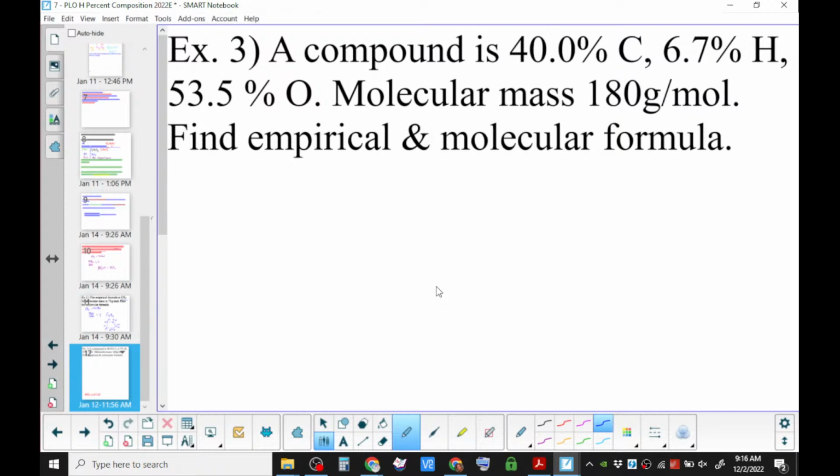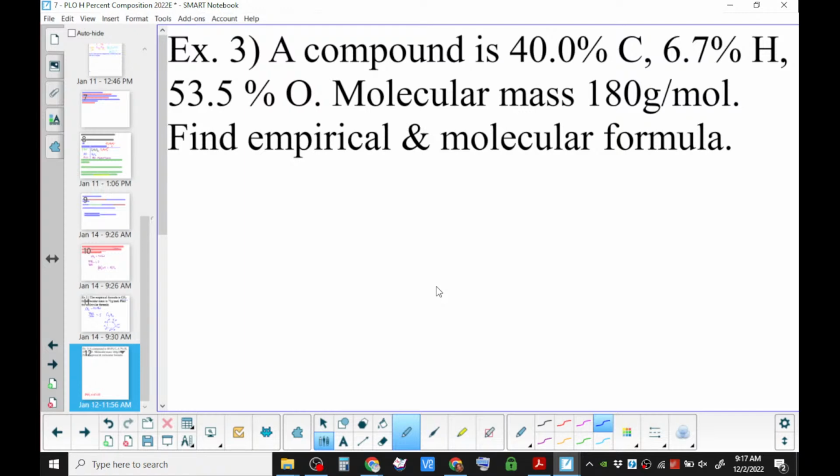Oh, you've got C 40, B 6.7. What do you do with it before that? Yes, so you have to do that for each one. Yeah, I can see that. And then what do you do? Not yet. You have to finish the empirical section.